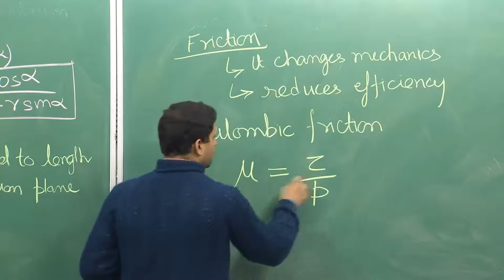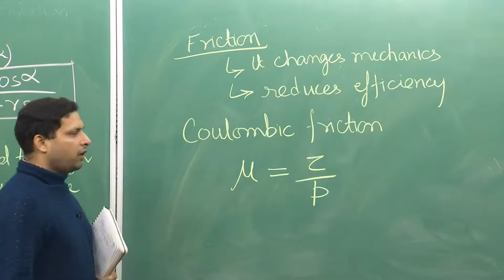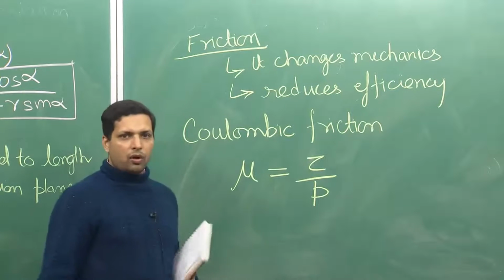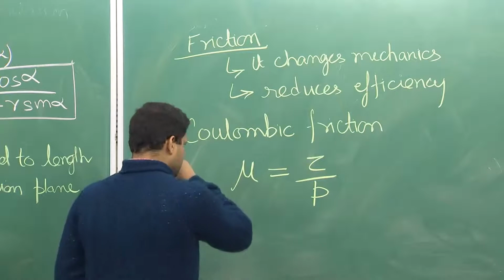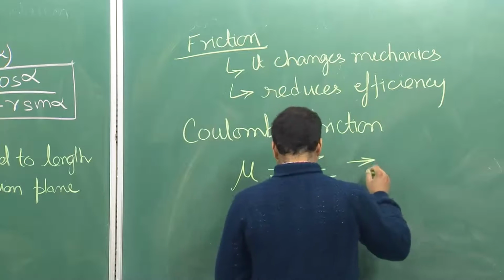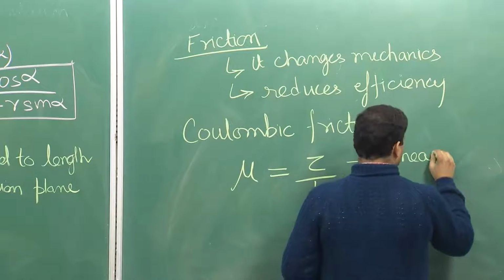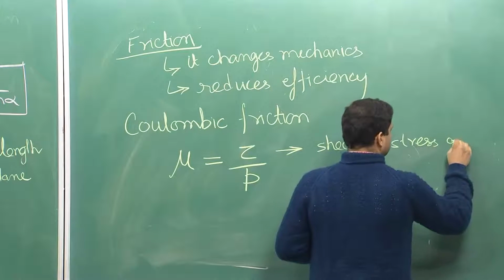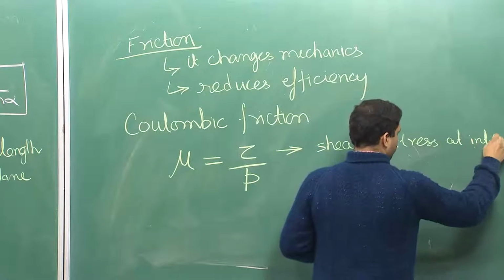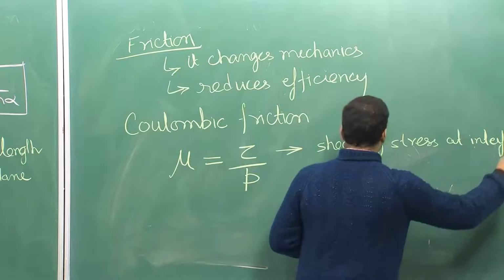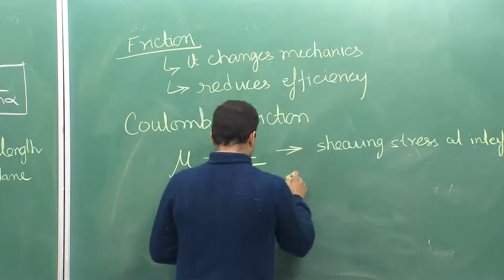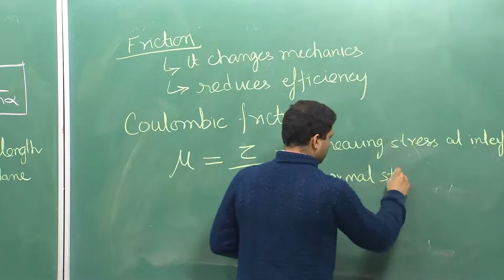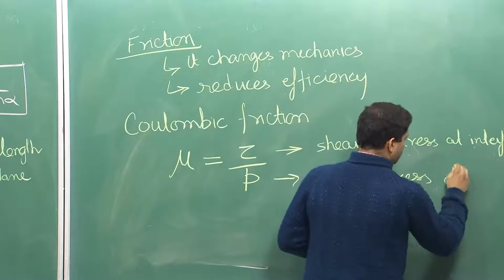So, this ratio is called tau over P, and whenever we are assuming Coulombic friction, we assume that mu remains constant throughout the surface. So, tau over here is our shearing stress at the interface. P is the normal stress.